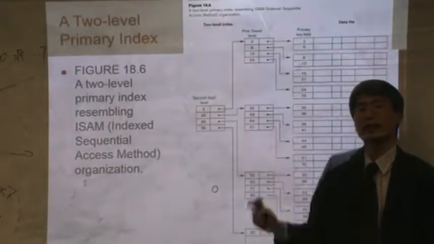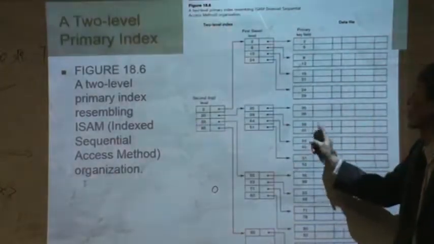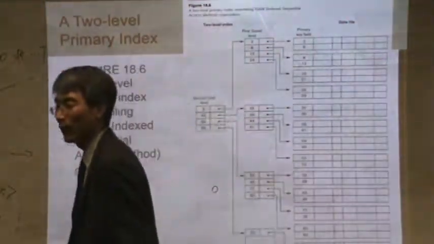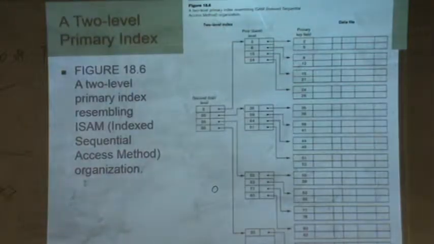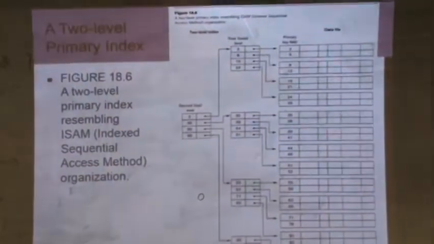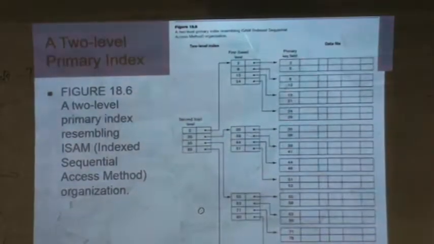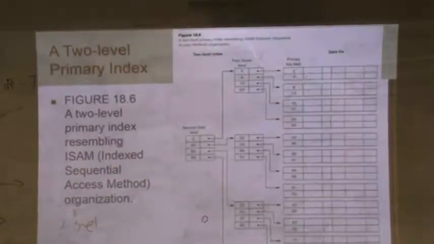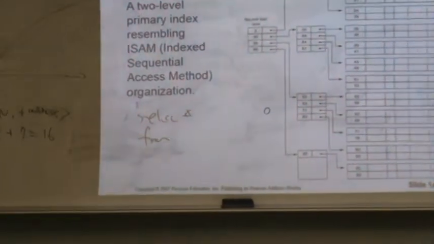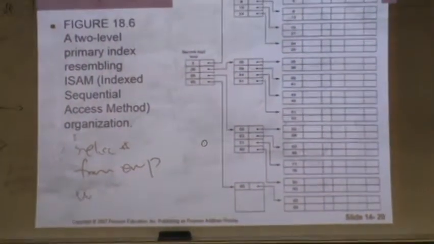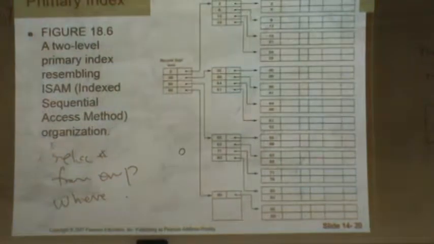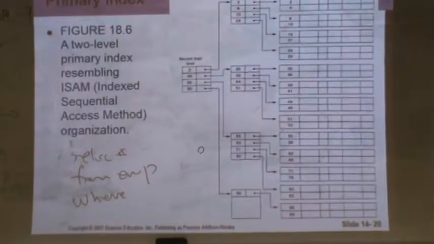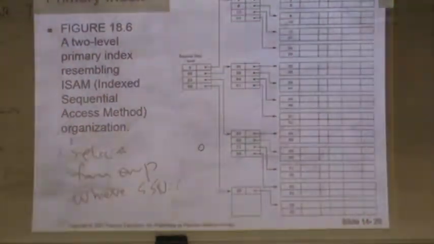How can you search the data? For example, I'd like to search for 41. Let's say the query is to select all from employee where the social security number is 41.